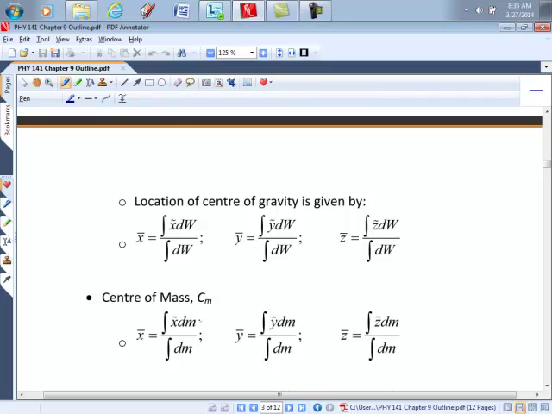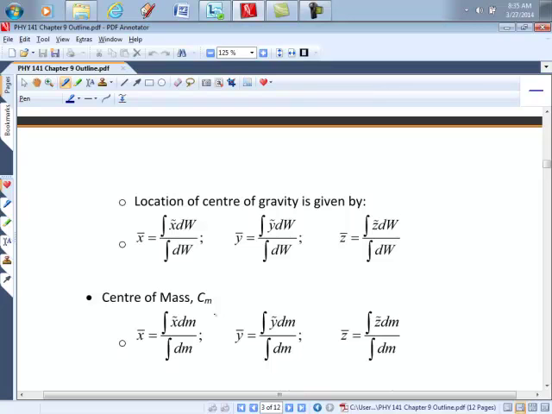The center of mass, what's the difference between the center of mass and the center of gravity? This is integrated with respect to mass instead of weight. They're almost always going to be exactly the same point. The only time that it would be different is if it's not in a uniform gravitational field.